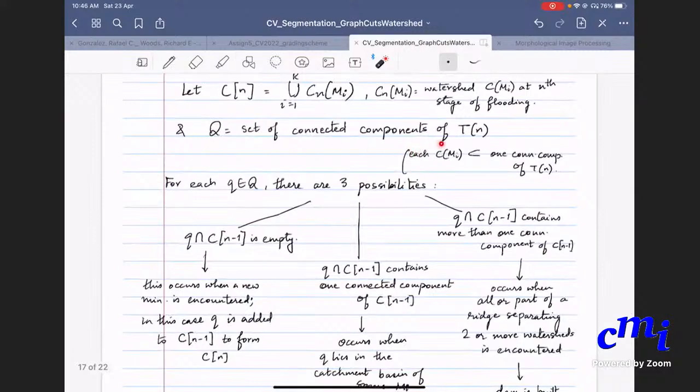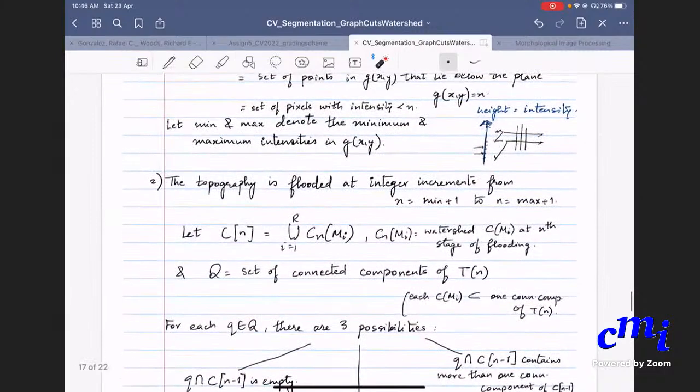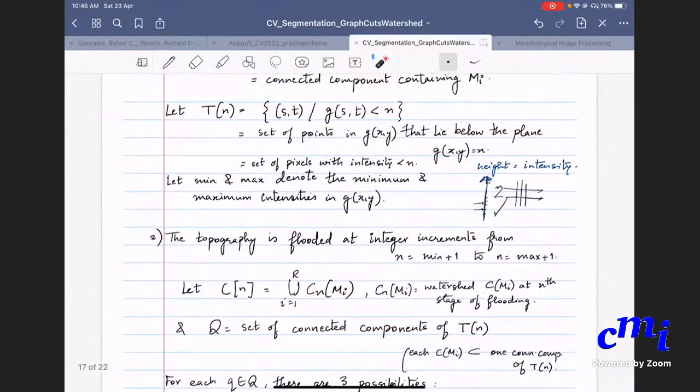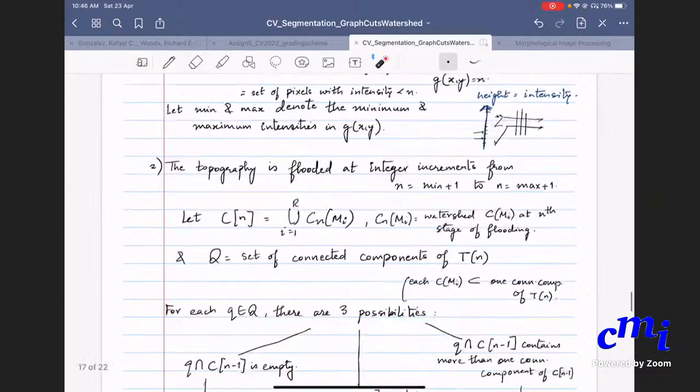Q is the set of connected components of Tn, which means suppose you are looking at just the topographical image below level n. Below every level, the number of connected components can change as the level changes.